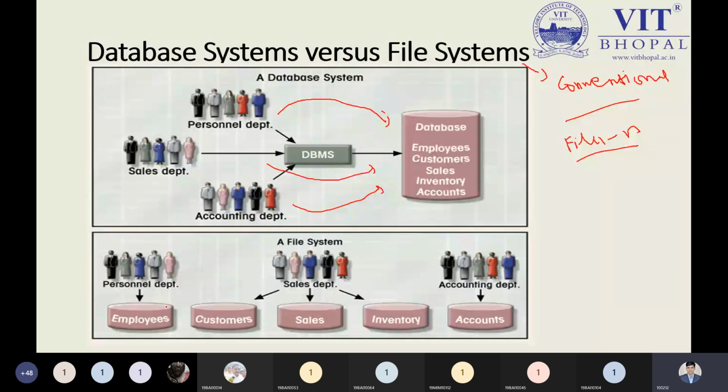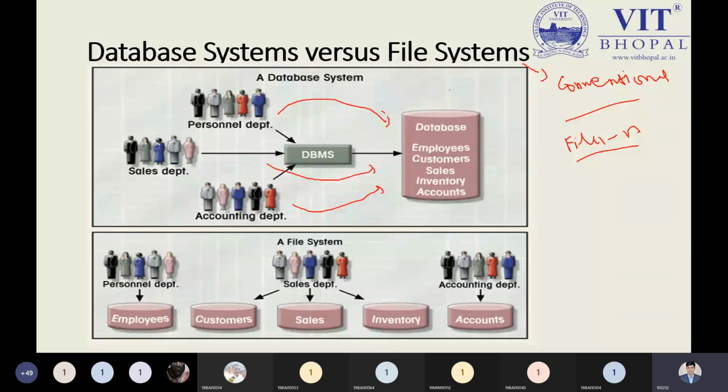You can see the personnel department is separate from the sales department and the accounting department. In the file system, we have three different departments. But in the database system, all the departments are integrated, connected with each other, and stored in a single place. So here we have only one place, while in the file system we have three different departments.